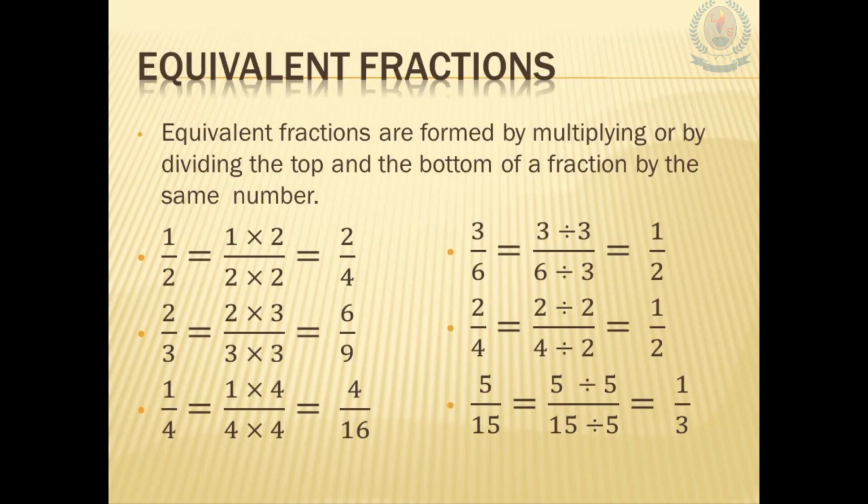Equivalent fraction. Equivalent fractions are formed by multiplying or by dividing the top and the bottom of a fraction by the same number. For example, if you want to find one equivalent fraction for half, you can multiply the denominator and the numerator by the same number.